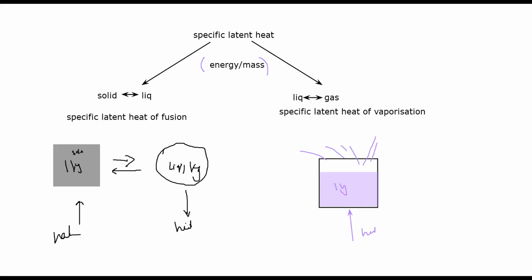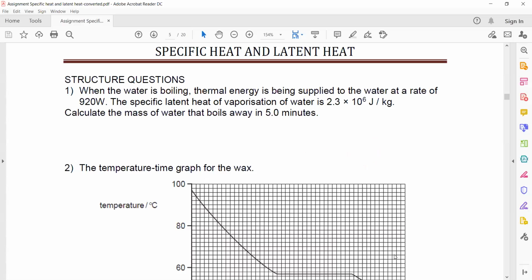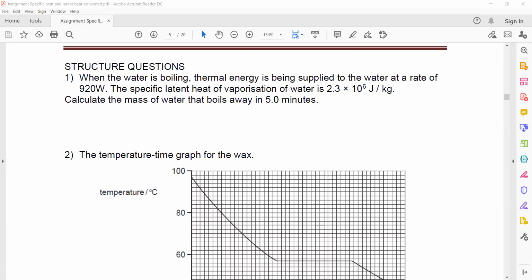Now some questions we will solve related to specific heat and latent heat both. Example, in this question, when water is boiling, the thermal energy is supplied at a rate of 920 watts.